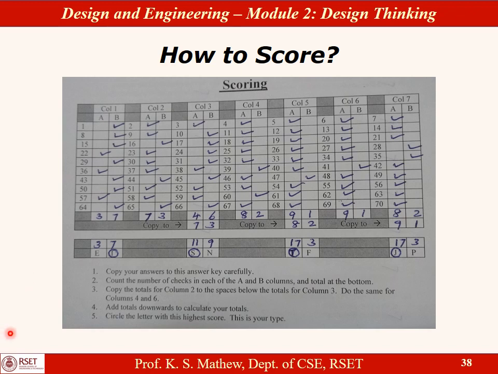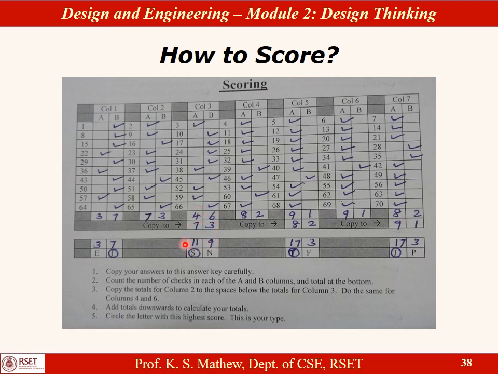This is a sample scoring sheet of the MBTI test. Each question has 2 options. So depending on which option you have chosen for each question, tick the appropriate answer. Then sum the columns. Take the sum of all columns. In the case of column 1, exactly the same total can be used to assess whether you are E or I. Column 2 total has to be copied below the column 3 total, and then take a sum of these two.